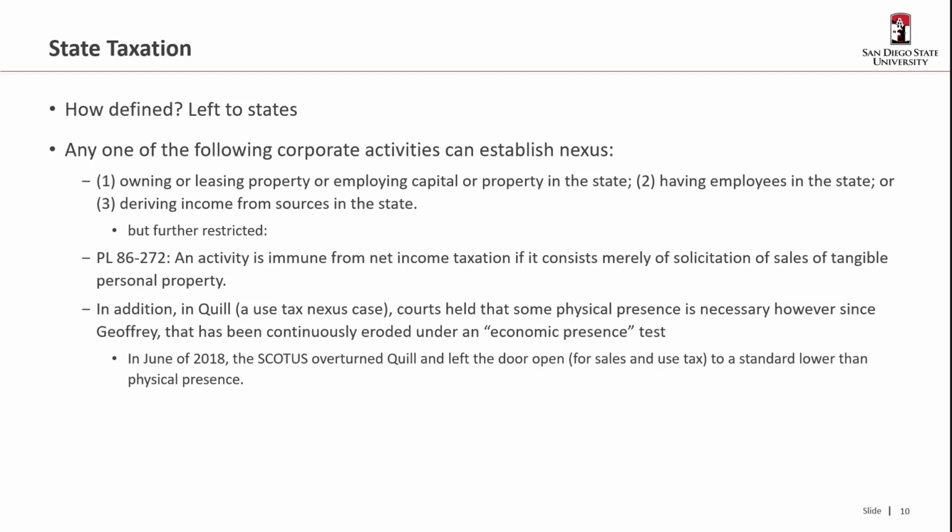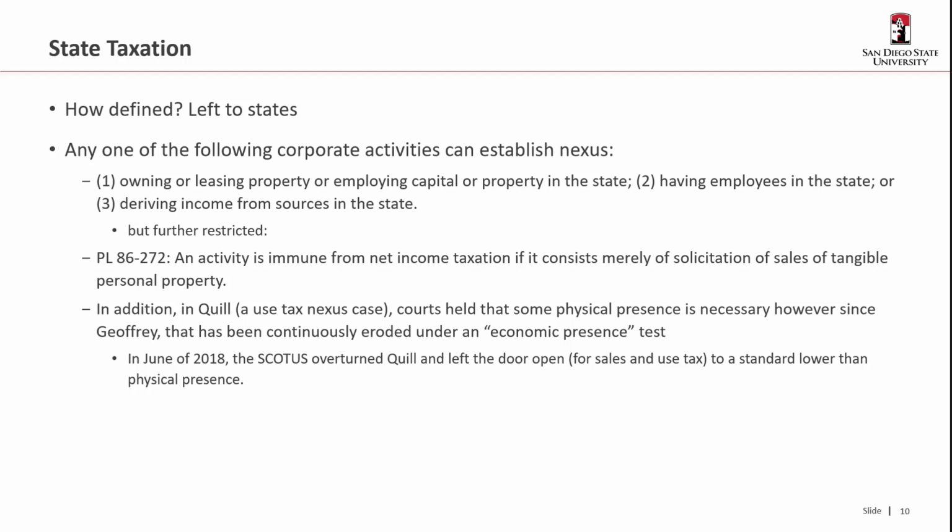There is one further restriction, something called Public Law 86-272. So Public Law 86-272 was passed by the 86th Congress. It's the 272nd law of that Congress. And it says an activity is immune from income tax if it consists of mere solicitation of sales of tangible personal property.